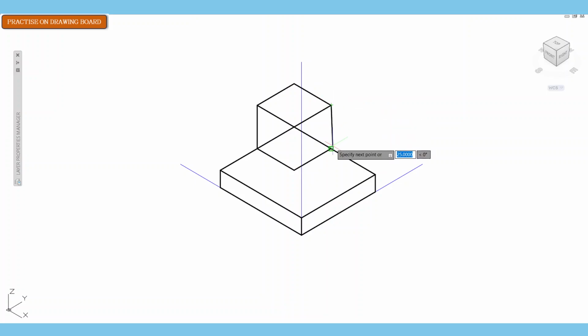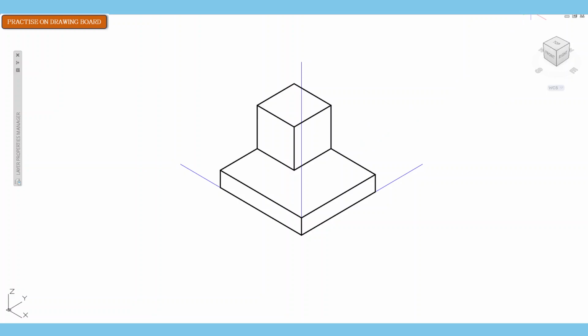Now you use your instruments, connect this to that, and connect these two together. Then obviously these internal lines will go away. Okay, so now we have the sector 2.